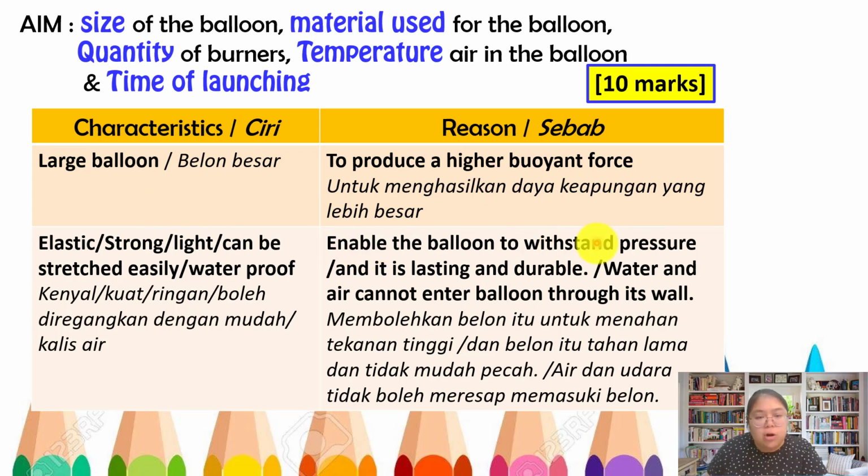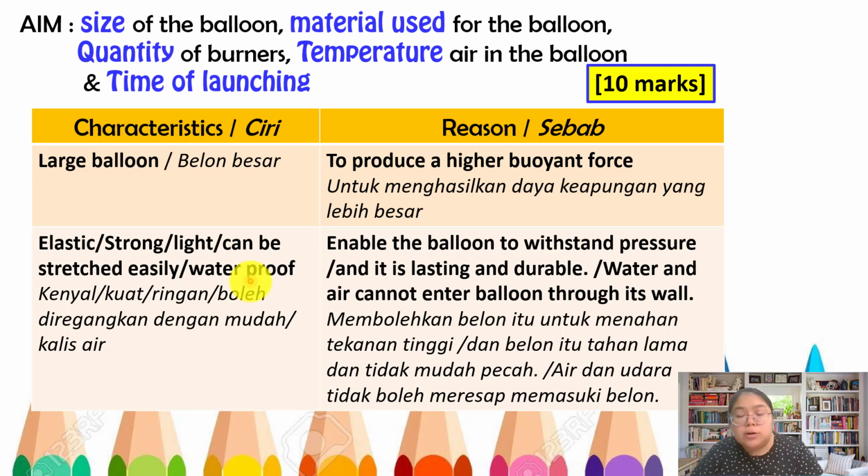Elastic and also strong, also can be stretched easily. We can also use this explanation: able the balloon to withstand the pressure. After that you can also mention it is lasting and durable, so it can be used for a longer time. Water and air cannot enter the balloon through its wall, because you mentioned waterproof.